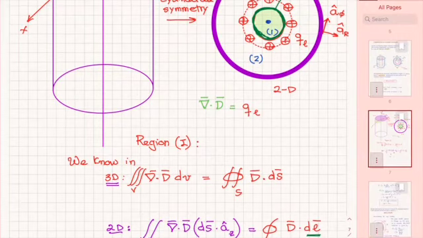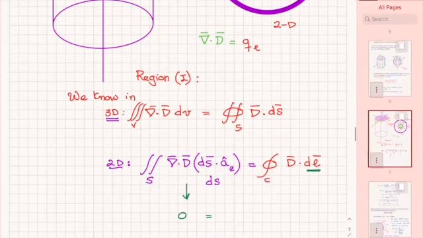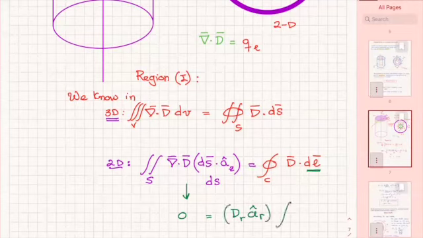R is a variable, but for a given R, D is constant. D here has only this component and is constant, so I move it out of the line integral. It's going to be whatever the radius is at that point.